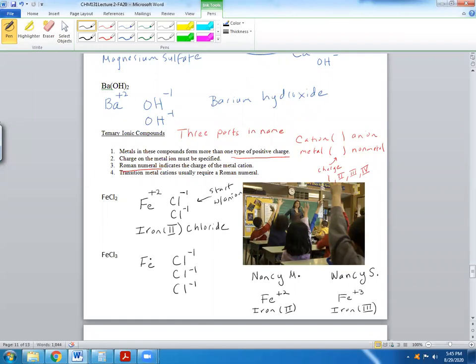Now, if we do the next one, you have 3, one more than the top. Then what can you say about the charge of Fe? It's a +3, because the chlorides add up to a -3. Without even looking at it, if this is iron 2, then this would be iron 3 chloride.